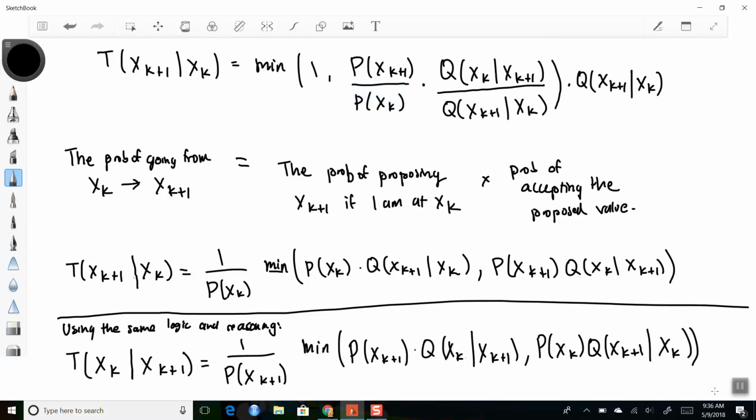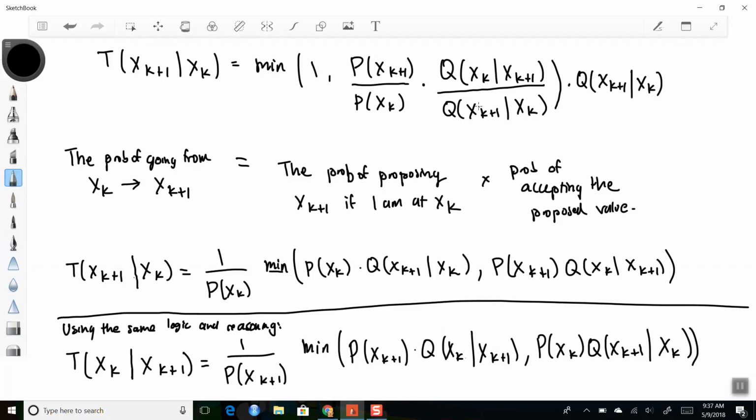In the first line, why did you multiply by q on the outside? So it's the probability of proposing value k plus 1, given that we are at k, times the probability of accepting the proposed value, which is going to be the minimum between 1 and this acceptance ratio. Is that okay?